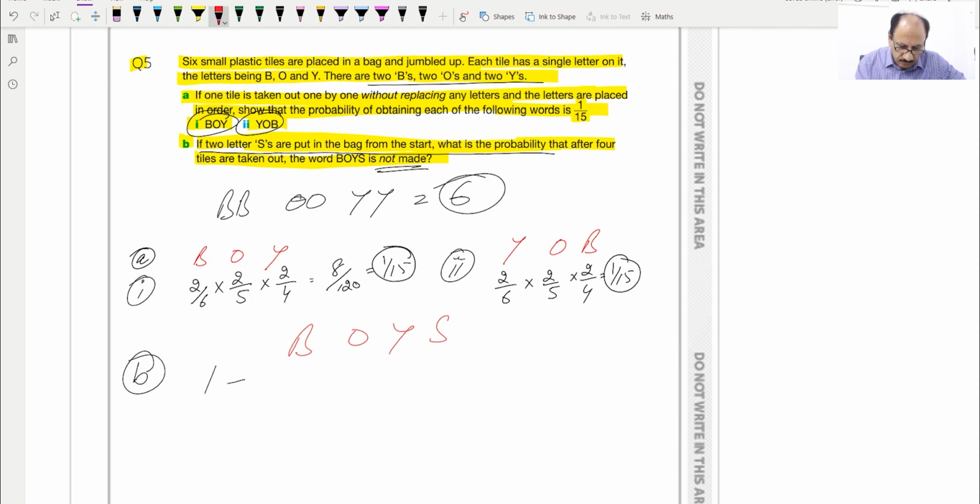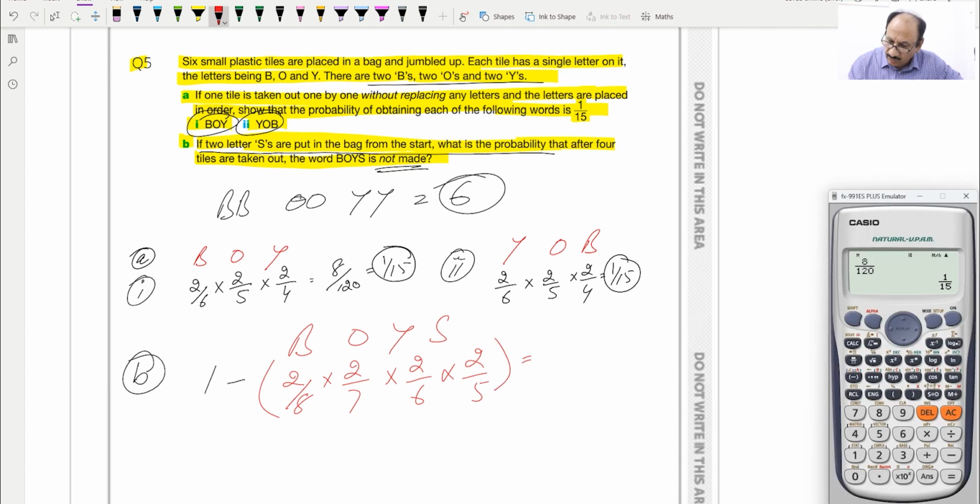So the probability for B will be, now there are 6 plus 2, 8 letters. So it will be 2 by 8, and next will be 2 by 7, and next will be 2 by 6 and 2 by 5, and we can calculate this, and this will be 1 minus, we can write it as basically 2, 4, 8, and 16.